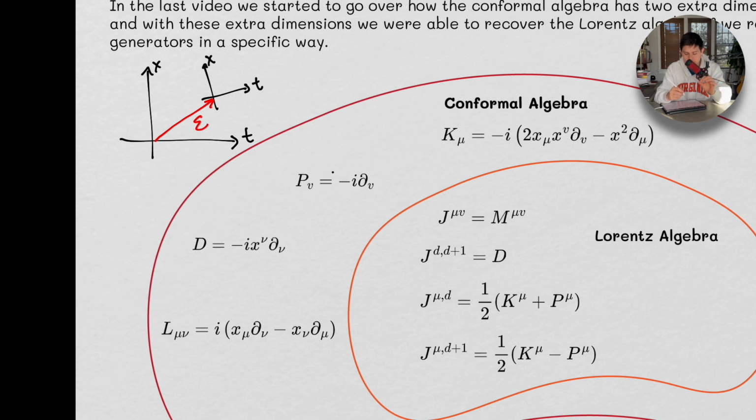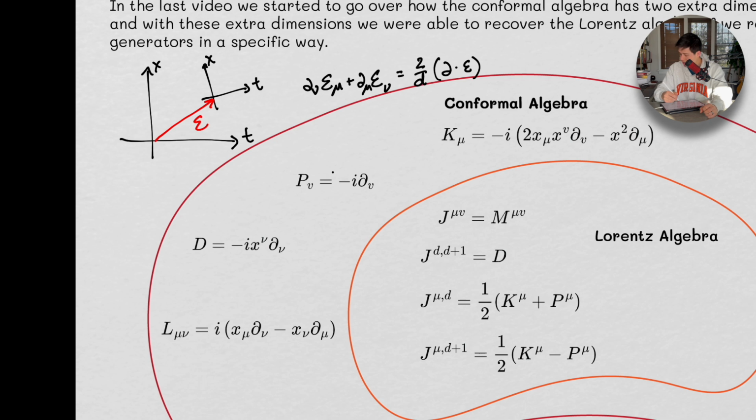Okay, and the epsilon we found, it was a vector, and it had some components to it, epsilon mu and epsilon nu, and we found that the relationship here, the derivative of epsilon mu with respect to x nu plus the derivative of epsilon nu with respect to x mu, the sum of these two, was equal to 2 over d times the divergence of epsilon, right?